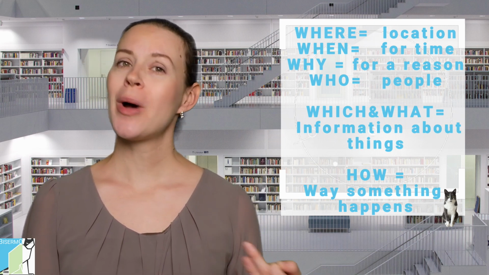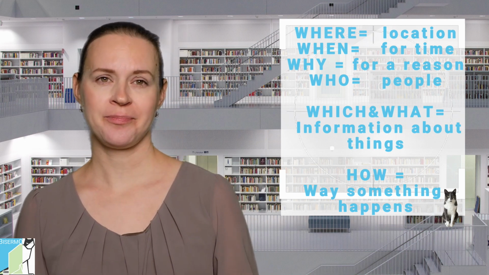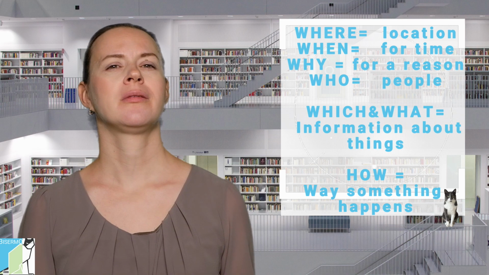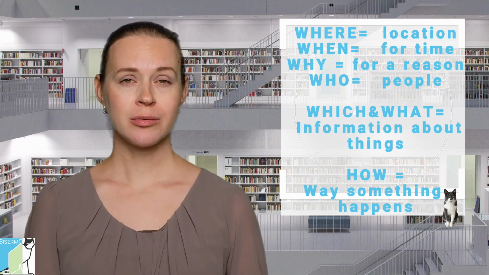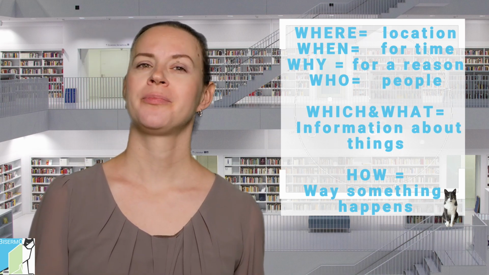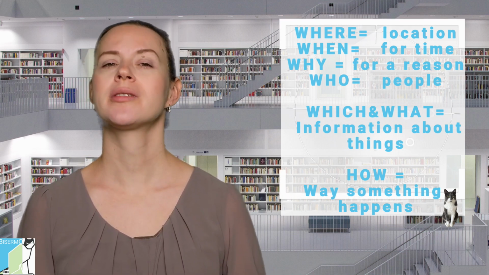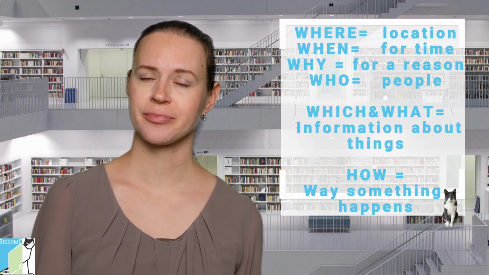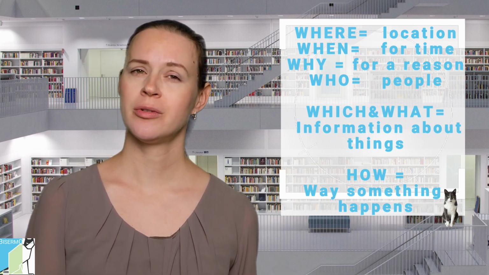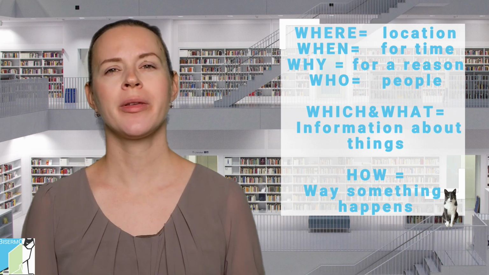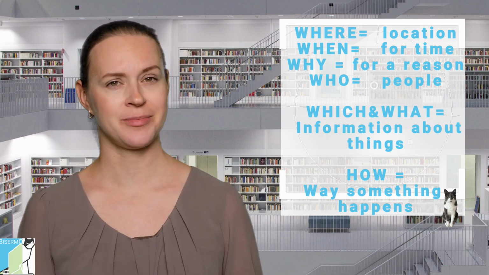We use the word when to know about time. We use the word why to know the reason. We use the word who to know about people. We use the words which, what to ask information about things. We use the word how to ask or discuss the method or process by which something occurs or it's completed.